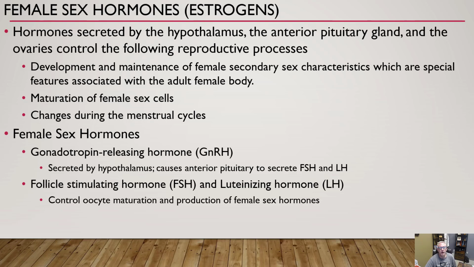Just like with the male, the estrogens allow for female secondary sexual characteristics, maturation of female sex cells, but also changes during the menstrual cycle. We have GnRH, just like in the males, secreted by the hypothalamus, which causes the anterior pituitary gland to release FSH and LH.